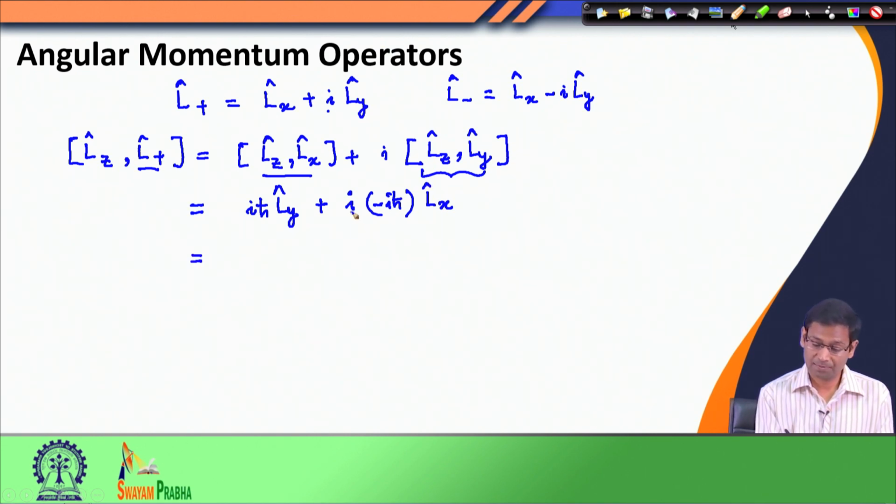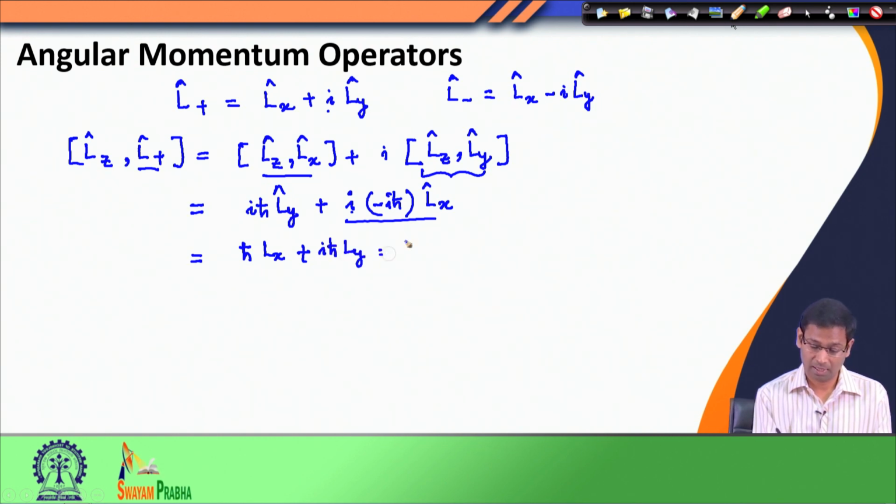So, I see here plus I minus I, that becomes plus 1. So, I have h bar Lx plus I h bar Ly, or I take this h bar outside and write it as Lx plus I Ly.